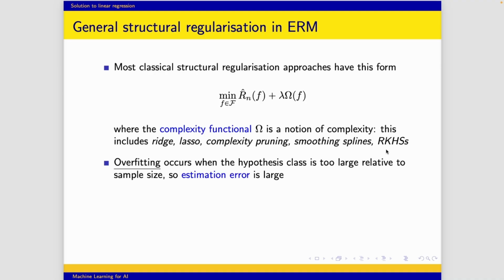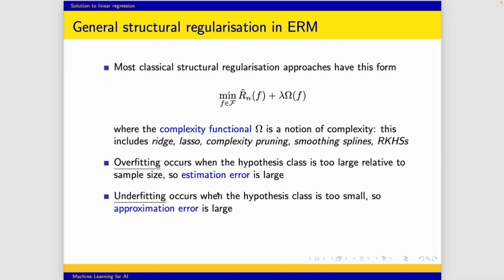Now, what is overfitting? So I mentioned overfitting and underfitting before, but I didn't really say what they were. Overfitting occurs when our hypothesis class is basically too big relative to how many points we have in our data set, our sample size. So in such cases, what we will have is a large estimation error. Underfitting will happen when the hypothesis class is too small.